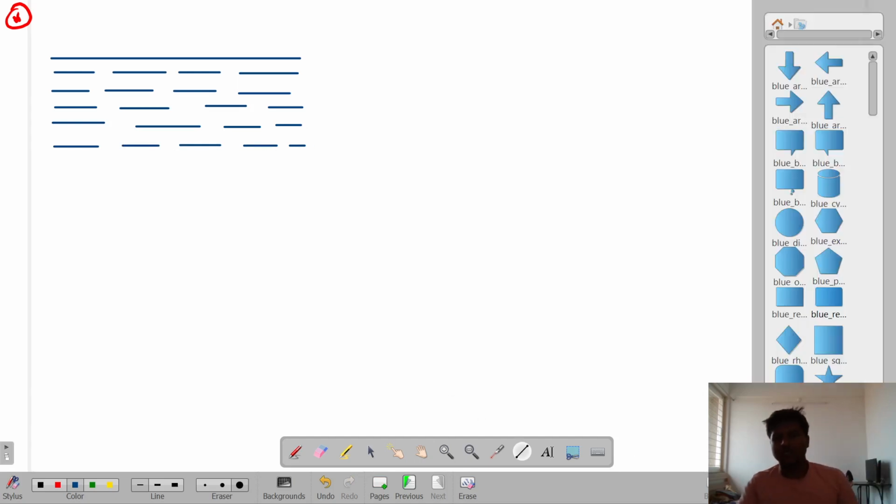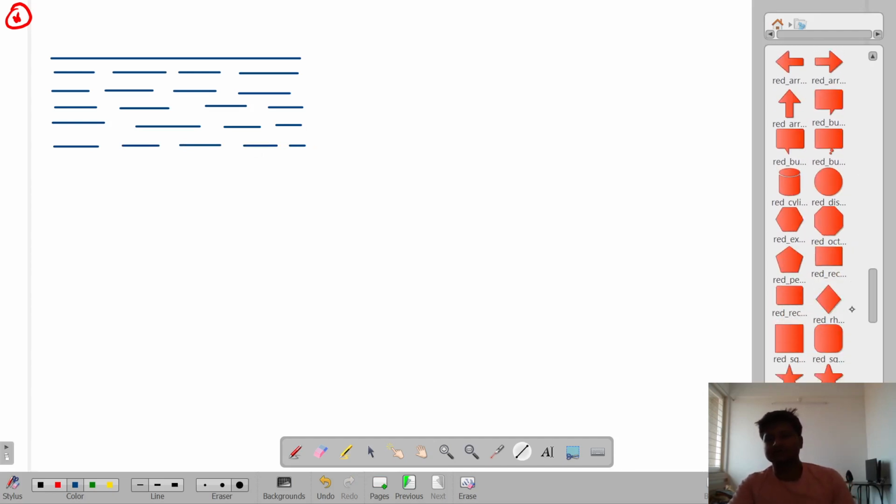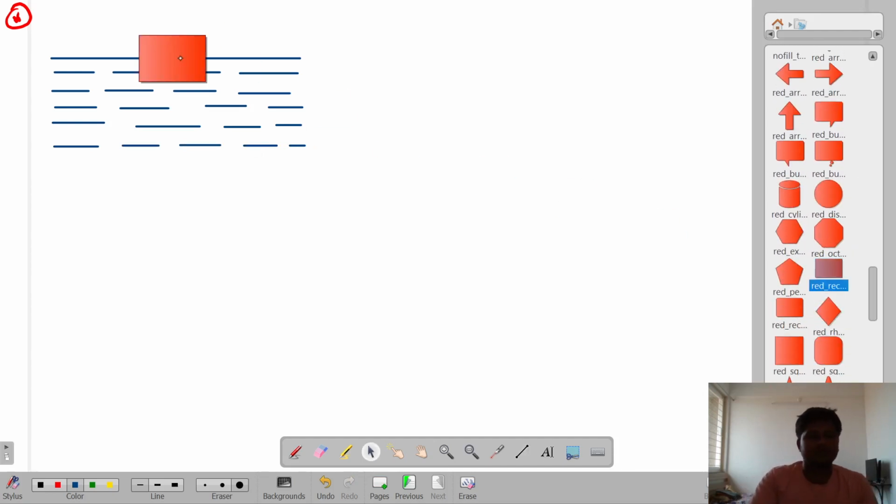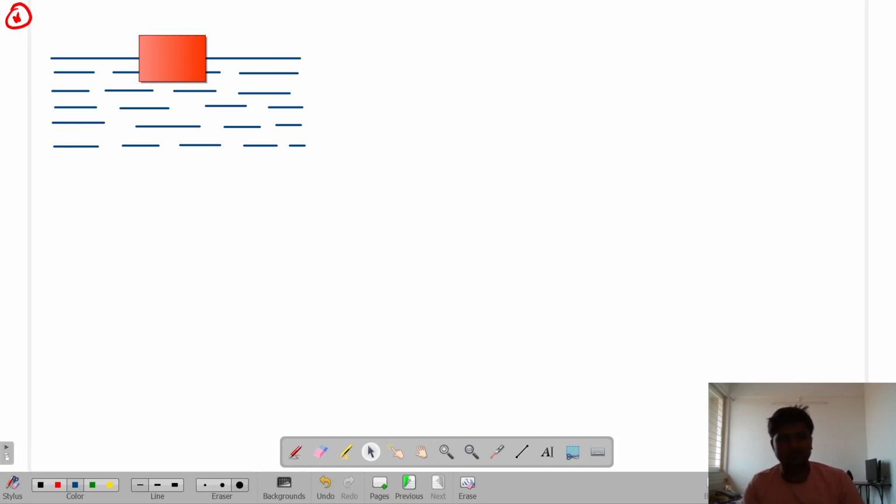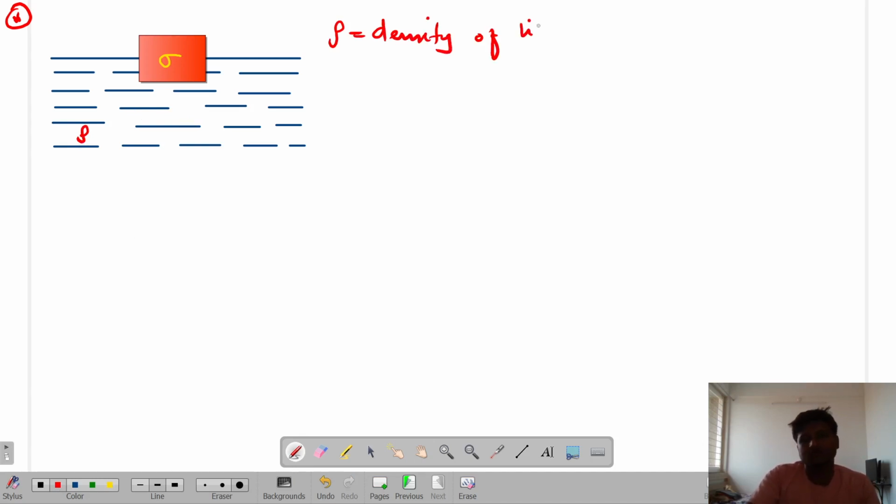Same thing I want to do. I have any kind of a block and I placed it over here. The density of the block is sigma and density of the liquid is rho. The question is simple.